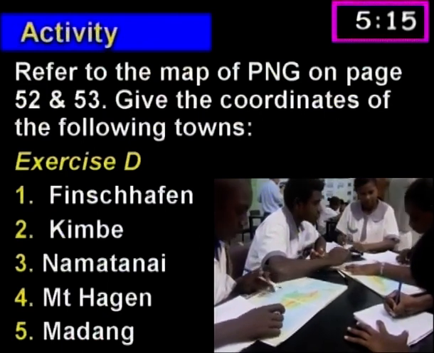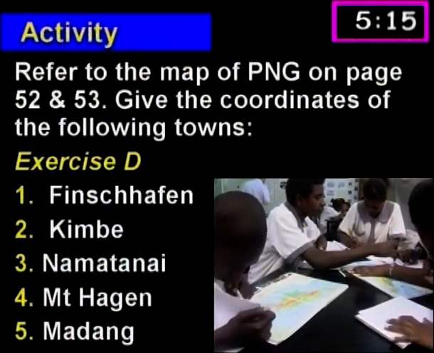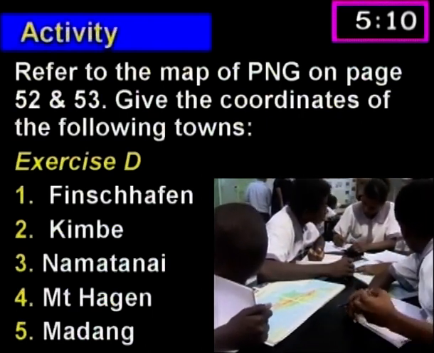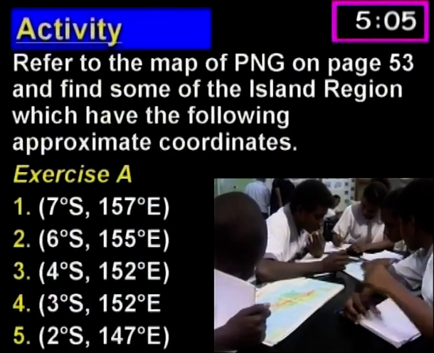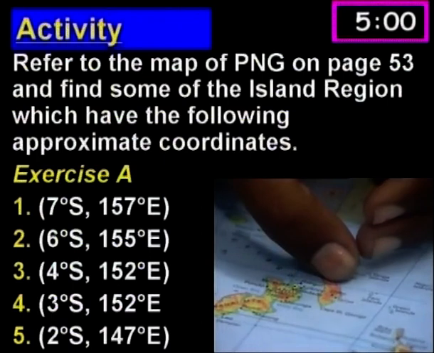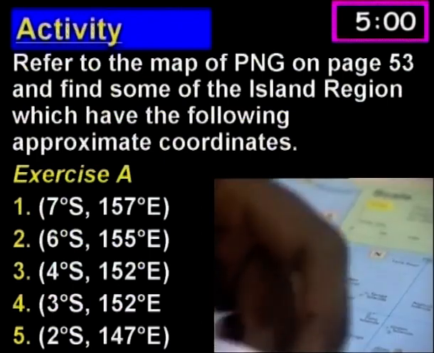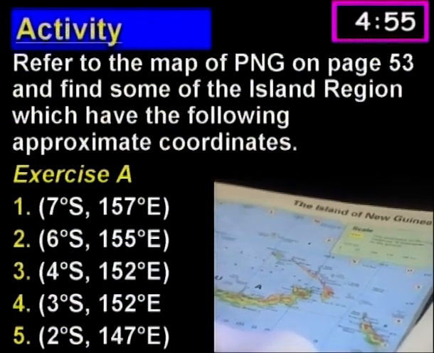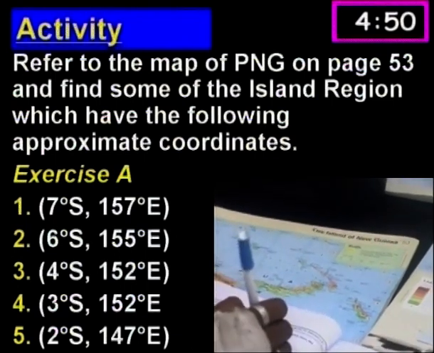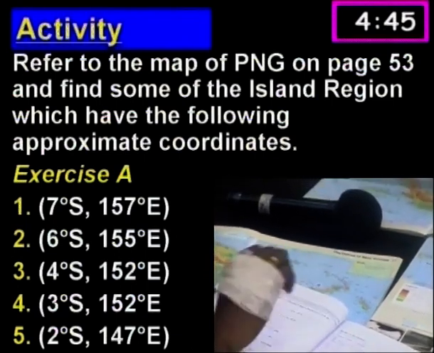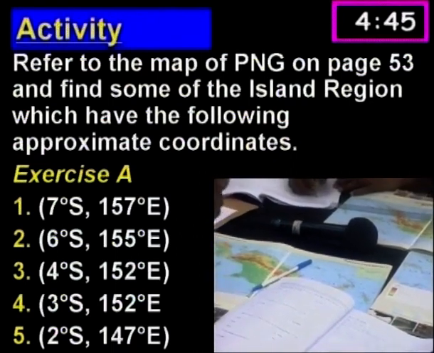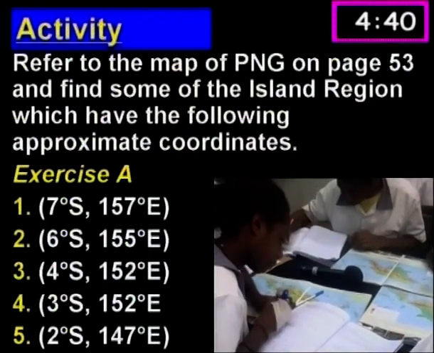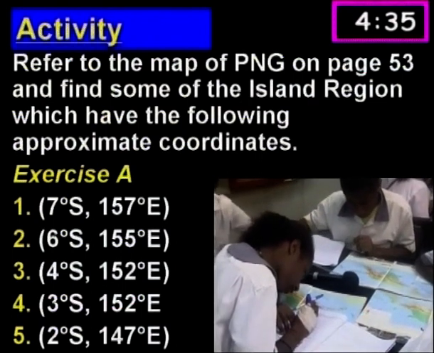Good. What about Arawa? Yes. Where is your book? Okay, where are we on? What number? Here. 2 degrees south. So we're looking at latitude. 2 degrees south. Yes. And 147. Yeah. Okay. Good.